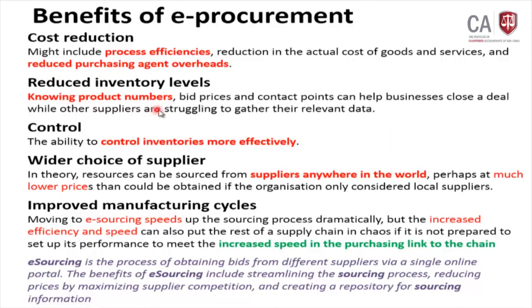Reduce inventory levels. The inventory levels can be reduced. Knowing product numbers, bid prices, and contact points can help a business close a deal while other suppliers are struggling to gather their relevant knowledge.